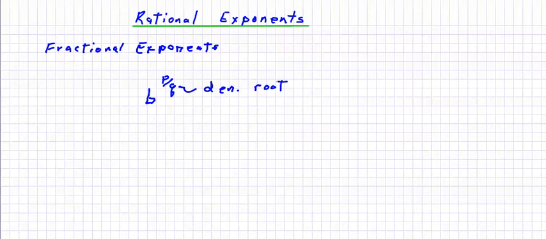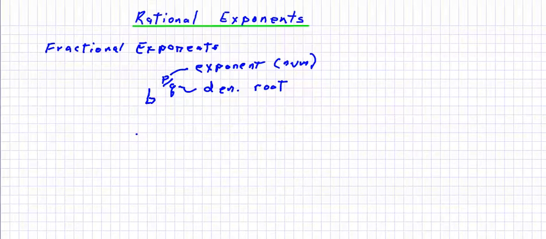If it's a 3, it's the third root. If it's a 4, it's the fourth root. If it's a 2, it's the square root. And this is an exponent. So the numerator is an exponent. The denominator is the root.